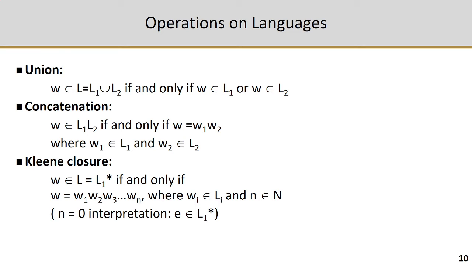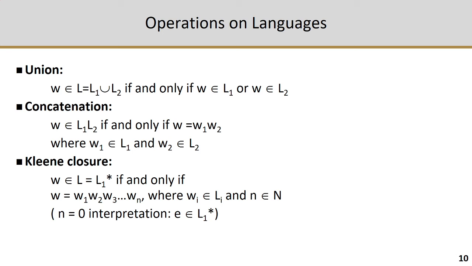On languages as sets, we can apply operations like union. It is interpreted as a union of two sets of strings. Concatenation is similar to the Cartesian product of two sets, where the first half of the string is from one language and the other half is from the other language for each word in the concatenated language.